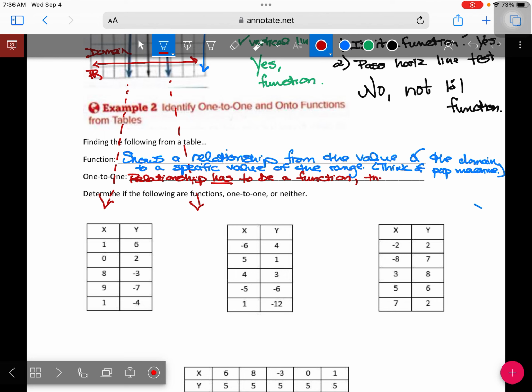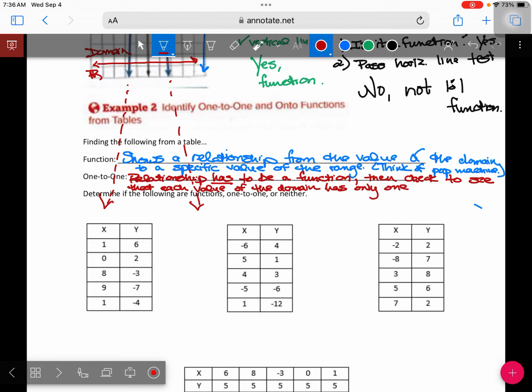Then check to see that each value of the domain has only one value.